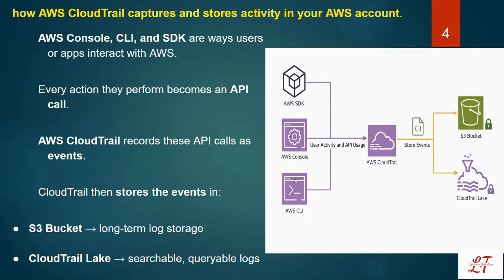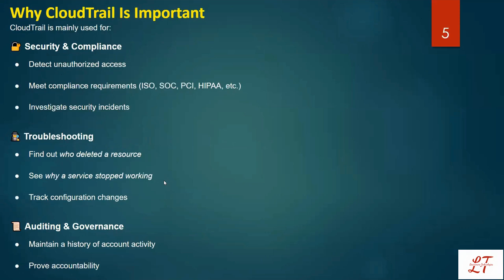So AWS console, CLI, and SDK are ways users or apps interact with AWS. Every action they perform becomes an API call, and AWS CloudTrail records these API calls as events, and then stores the events in an S3 bucket and in CloudTrail Lake.